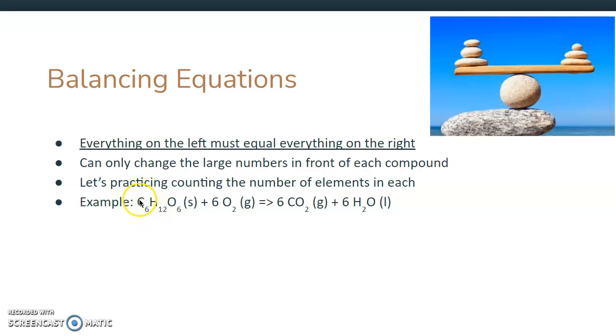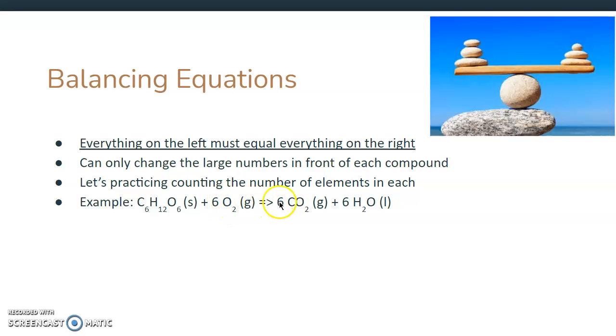So we have 6 carbon right here, we have 12 hydrogen, and we have 6 oxygen in just this compound alone. When we have a little number down below it, that means we have 2 of them. If there's a number in front of it, we have to multiply it by every little number. So what we're saying here is we have 6 times 2, so we would have 12 oxygen right here.